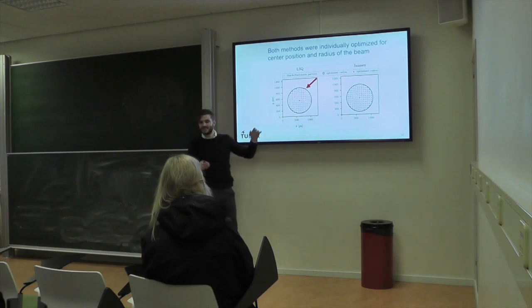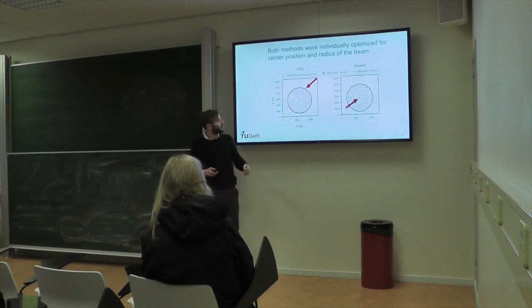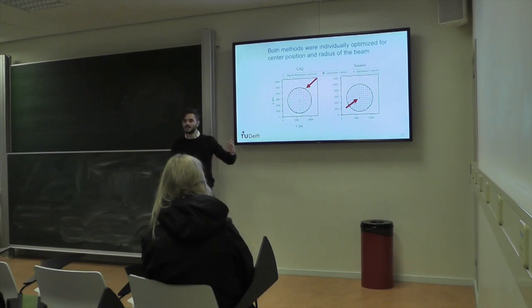If you're closer to the screen like me, you can see that the radius is slightly different for the least squares method and Janssen's method, because this spot is excluded. You can also see that the optimized center is placed a little bit to the right. This gives us the optimal reconstruction for both methods. So the least squares method and Janssen's method need to be optimized separately from each other to give the most fair comparison possible.